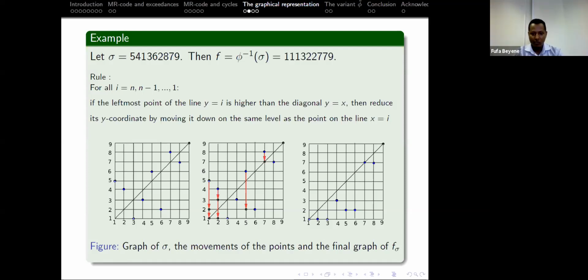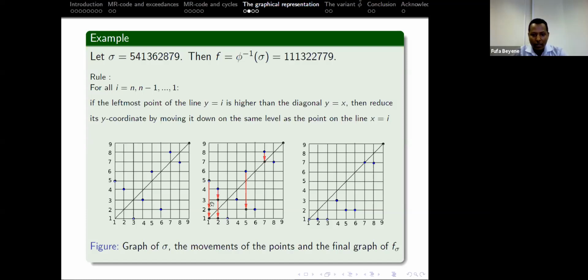For i equal to 6, this point will be moved down to x equals 6 here. You move this down to this level.